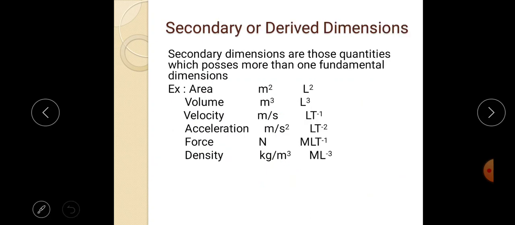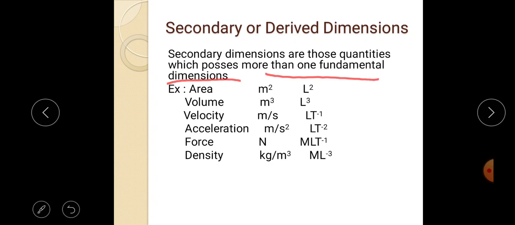Now, secondary or derived dimensions. So what are secondary dimensions? Secondary dimensions are those quantities which possess more than one fundamental dimension. It means when fundamental dimensions are combined together, we get secondary or derived dimensions.